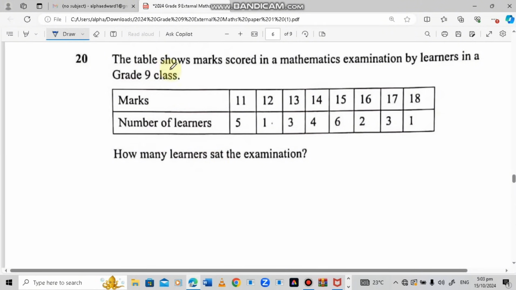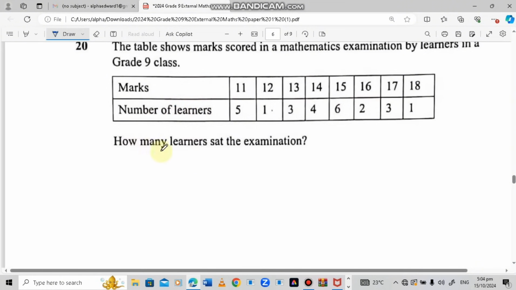Question 20. The table shows marks scored in a mathematics examination by learners in a grade 9 class. So these are the marks, and this is the number of learners. How many learners sat the exam? To find how many learners sat for this exam, you are just going to add the number of learners here. Add all these.